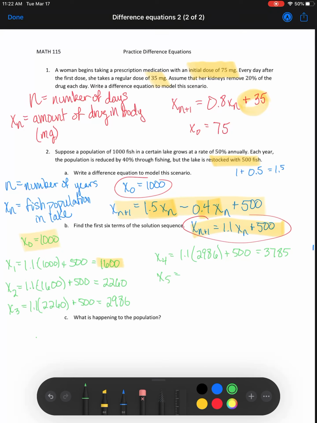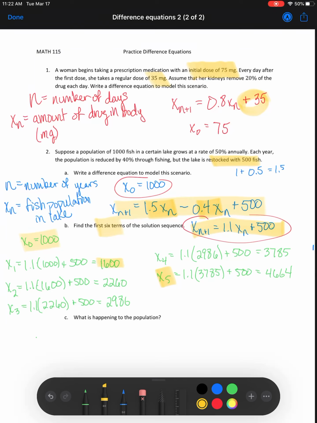And then our x_5, likewise, we have to round this one. But we get 4,664 fish. All right, so even though we just calculated x_5, since we started with 0, we actually have all 6 terms now, which is what we were trying to find.